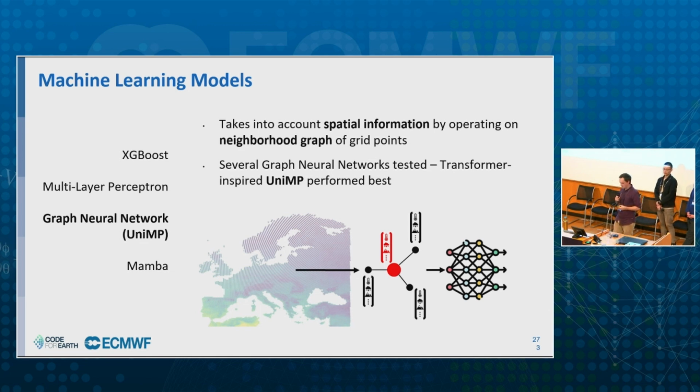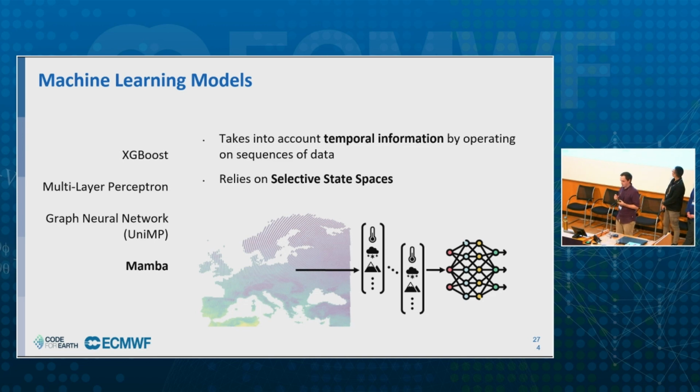And then secondly, we also want to take into account temporal information by using this Mamba architecture, which operates on sequences. So instead of just taking a previous time point, we can train the model on sequences of up to, I think, 64 data points rather than just the previous one.